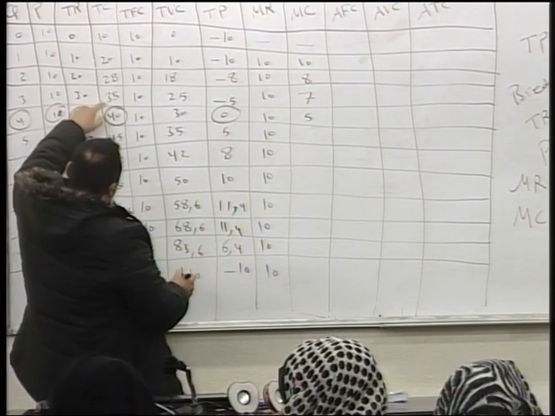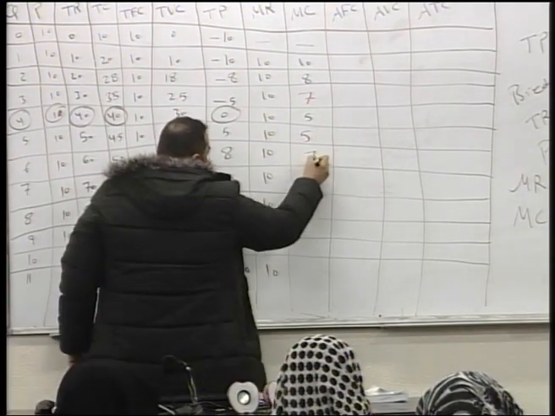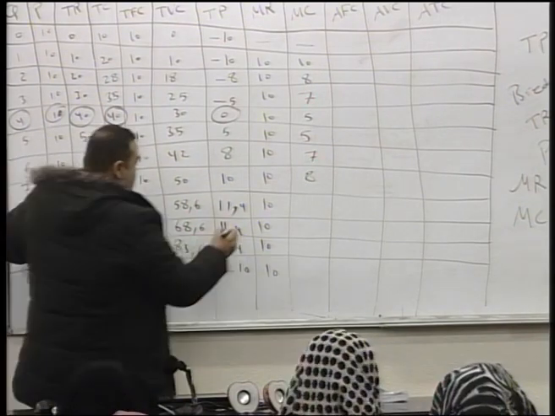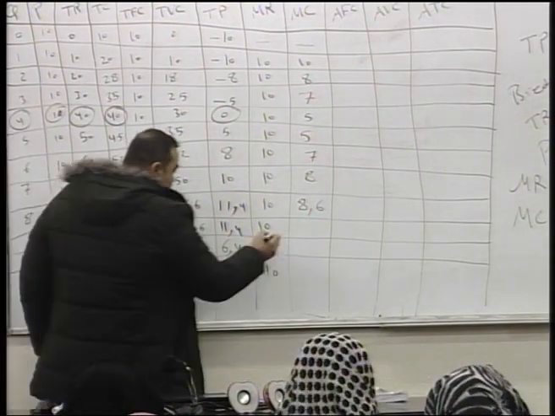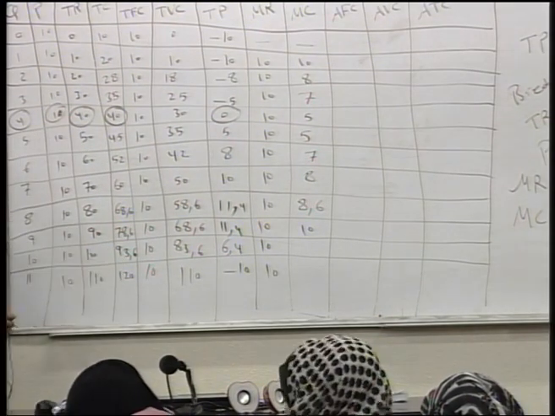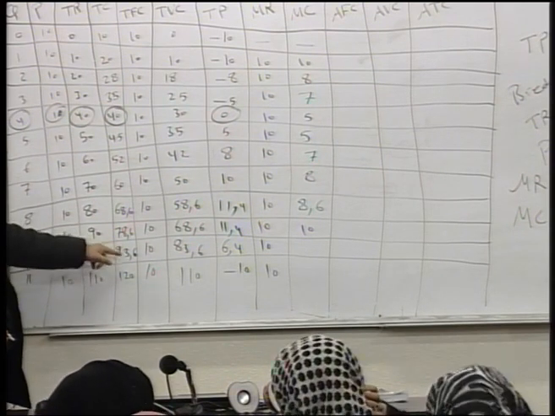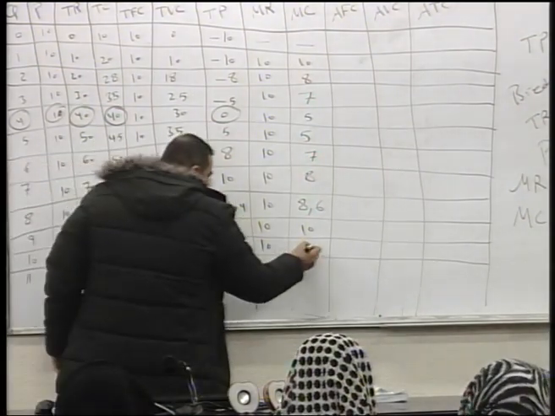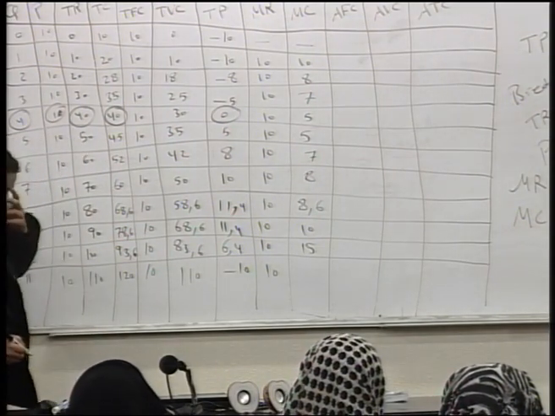Sorry, this is 5, yes. 7. 8. 8.6. 10. 93.6 minus 78.6, someone calculate it on the calculator. 15. And then 120 minus 93.6, 26.4.